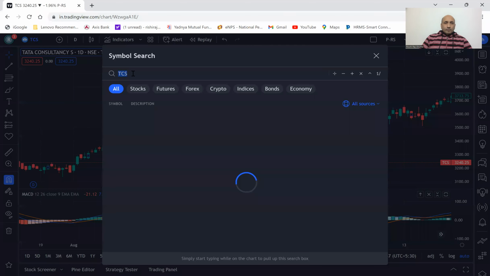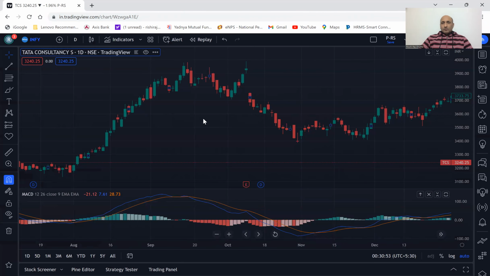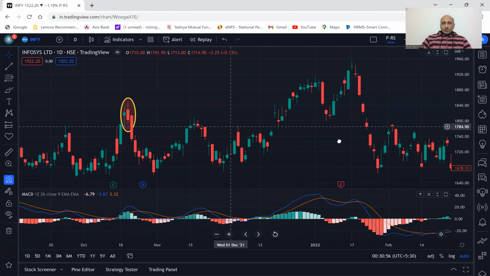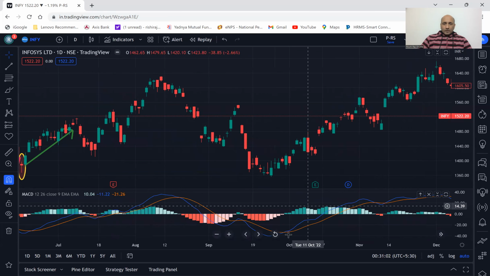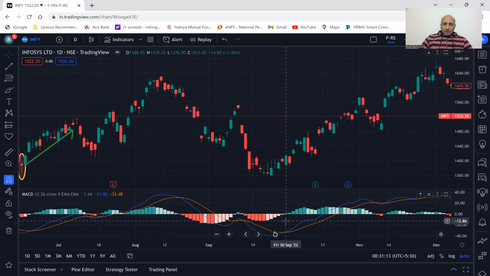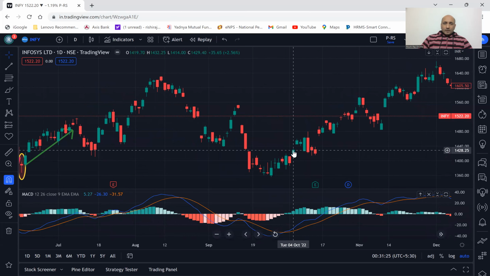Let us see Infy, or Infosys. Here again we can see this negative histogram is reducing, and from this point it is coming into positive territory, and at almost the same place we can see this blue line, or MACD line, crosses this red line, or signal line, and at that very point one can take a trade here positively and go in.